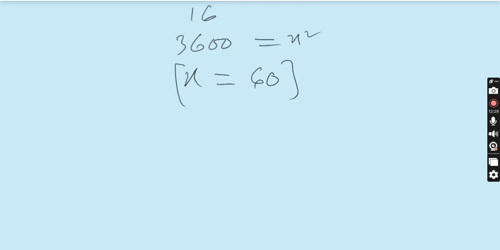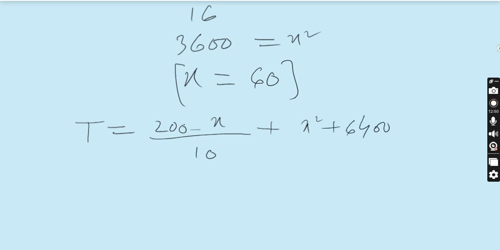Now according to the question, we have to find the value of t as well. So t equals, what was the formula of t in part 1? 200 minus x upon 10 plus square root of x square plus 6400, whole upon 6.